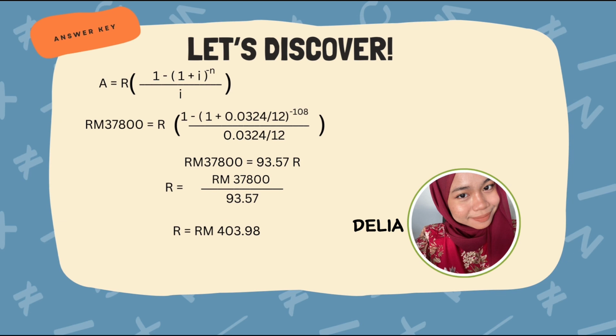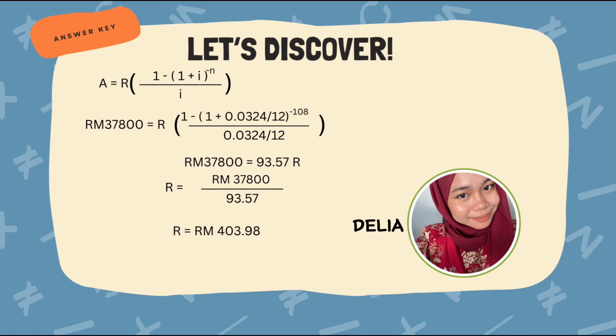Let's calculate the answer. A equals to RM 37,800 equals to R 1 minus 1 plus 0.0324 over 12 power of negative 108 over 0.0324 over 12.